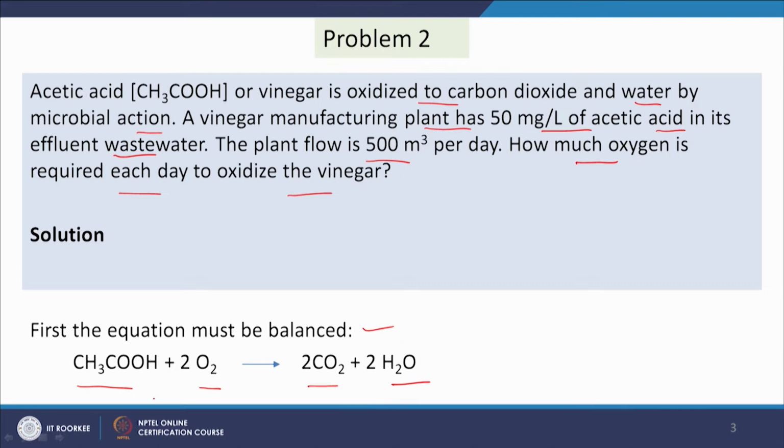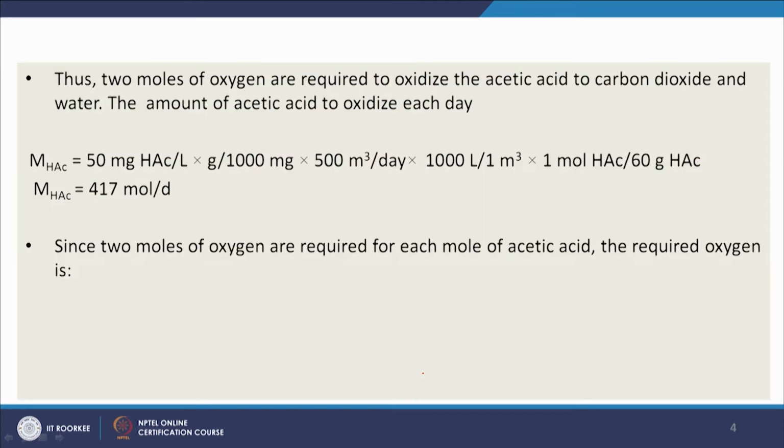On balancing, 2 moles of oxygen are required to react with 1 mole of acetic acid to give 2 moles of CO2 and 2 moles of H2O. So 2 moles of oxygen are required to oxidize the acetic acid to carbon dioxide and water, as I have discussed.